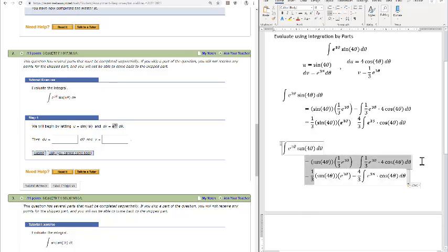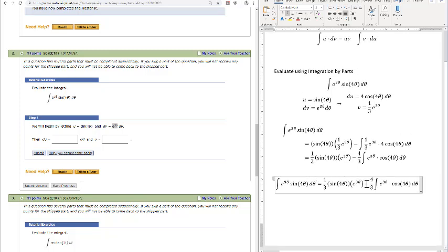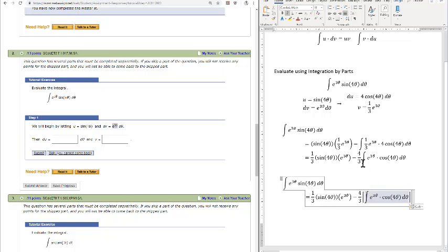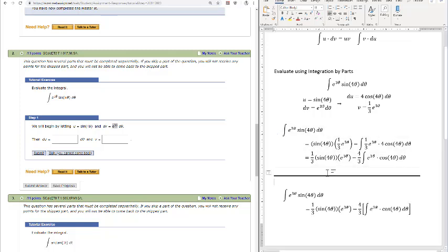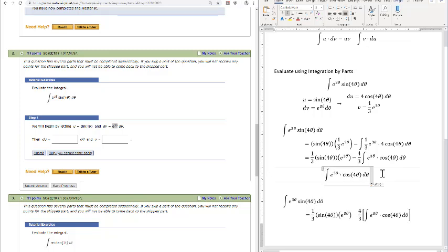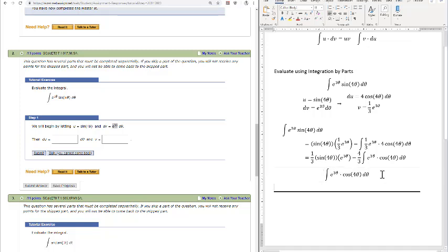So let's copy this business over here. And remember that we're going to want to work with this. So we're going to find a replacement for this. We're going to compute this integral right here. So let's do that in between these lines.